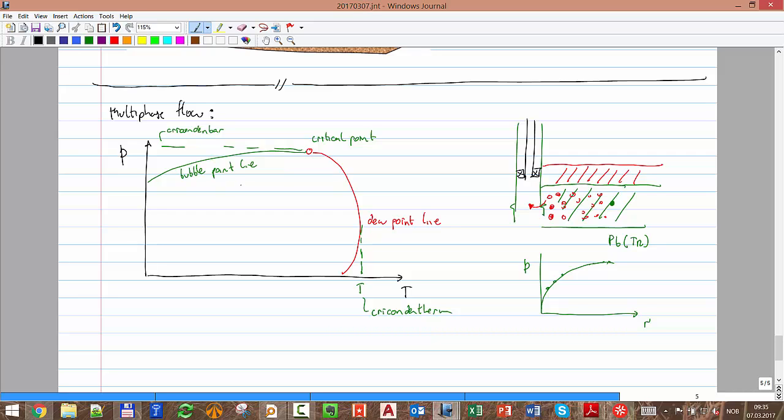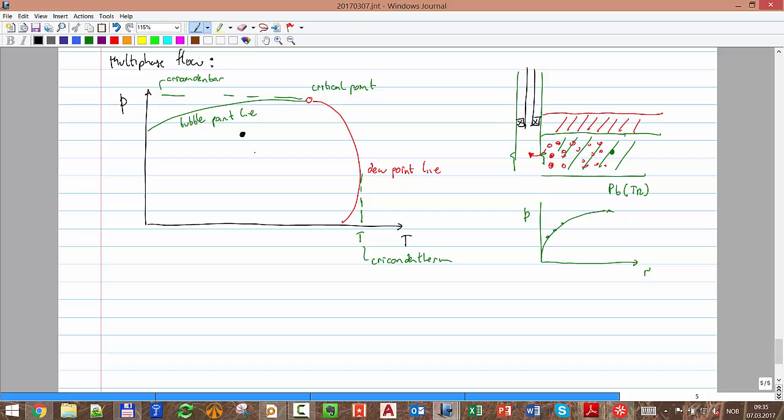That means that I might be already here with that composition. Or, let's say you're producing from an undersaturated reservoir, you have no gas cap, I might be coming from here, or if I'm producing just gas, I might be coming from here. So those are the possible entry points to the wellbore.